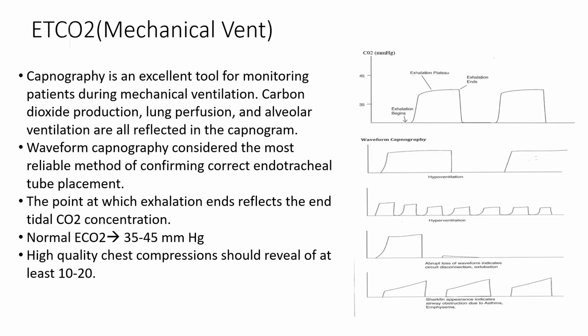If that number suddenly rises, it may indicate return of spontaneous circulation. In short, end-tidal CO2 is a fast, reliable way to assess ventilation, perfusion, tube placement, and whether CPR is effective, all in one simple waveform.